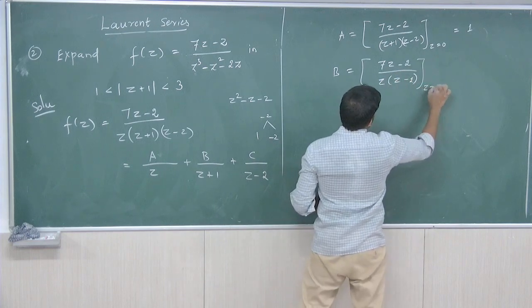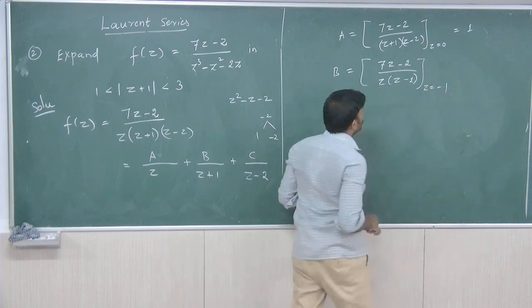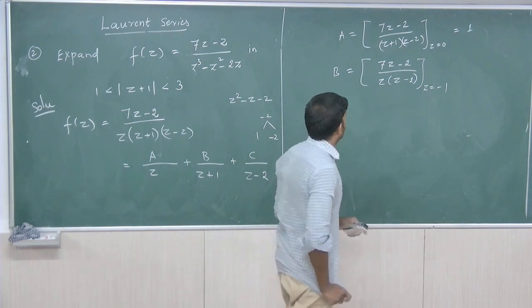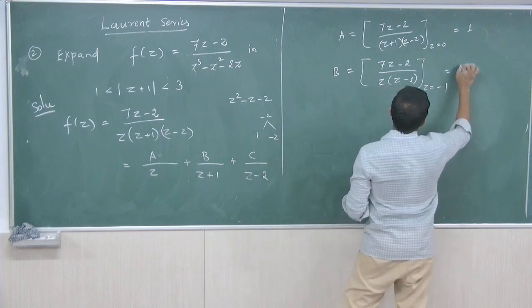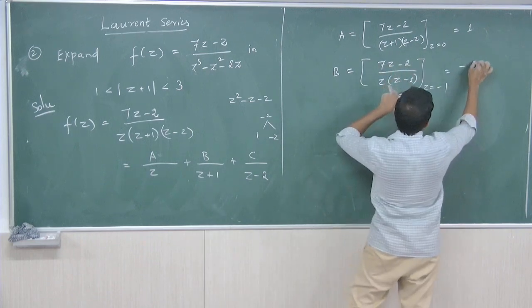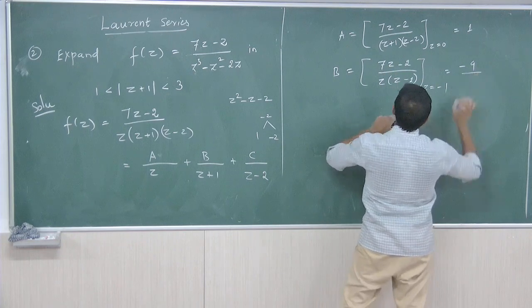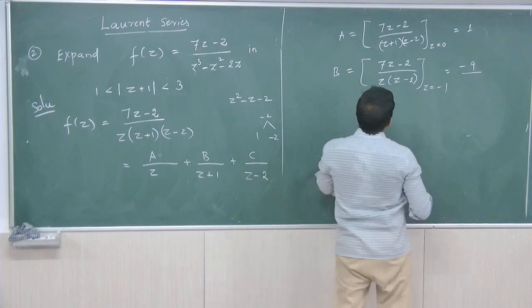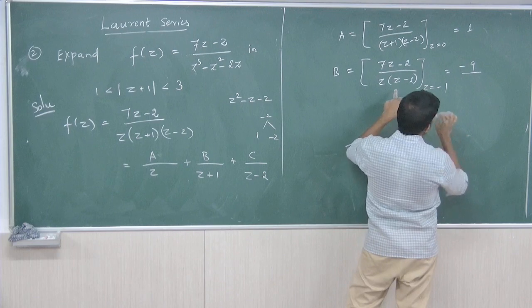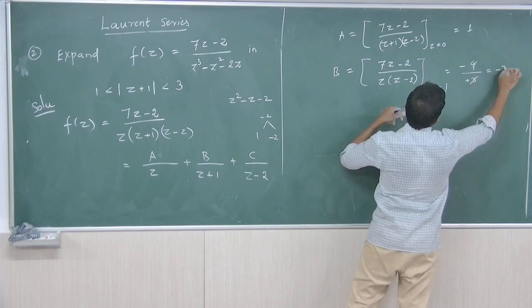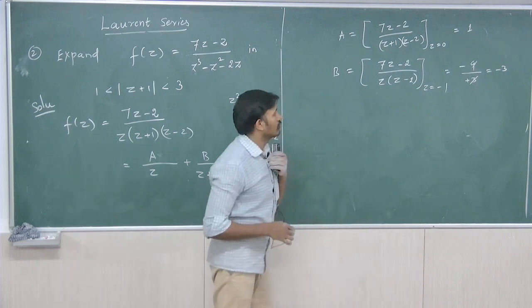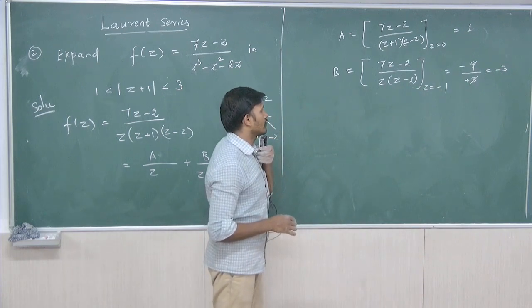If you substitute z equal to minus 1, you get minus 9 divided by plus 3. If you divide, you get minus 3. Right?